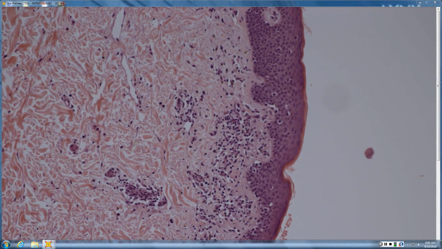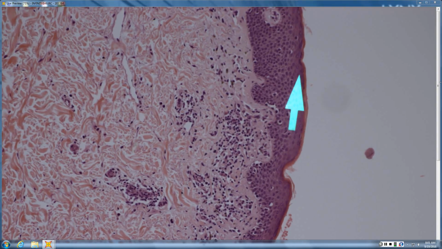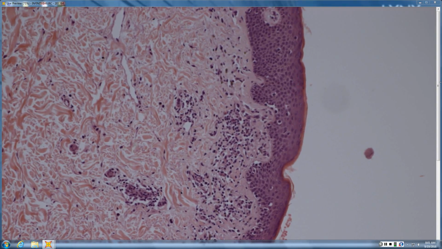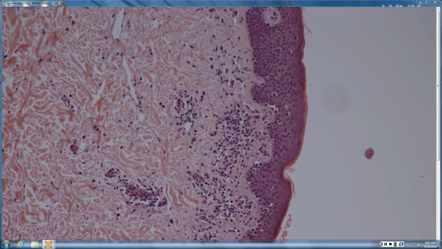So they're big, they're dark. If you look at high power, you'd probably see that they're notched and angulated. They tend to tag along the basal layer. Your corneum is a little bit compact, suggesting this has been going on for a while. This is not an acute process. You have papillary dermal fibrosis, shifting the superficial papillary plexus, subpapillary plexus downward.